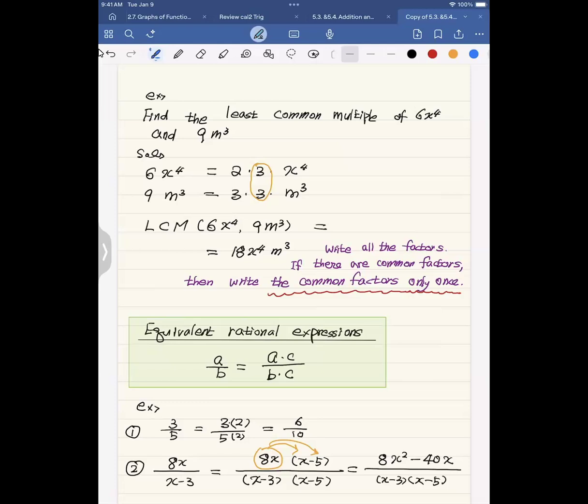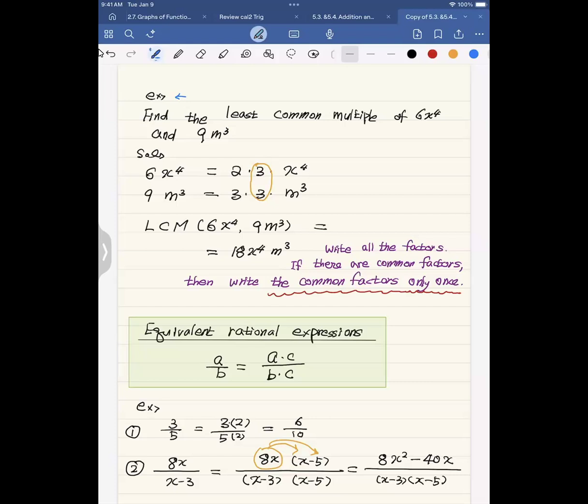In the next example, what we want to consider is figuring out the least common multiple of 6x to the fourth power and 9m to the third power, to practice finding the common denominator.